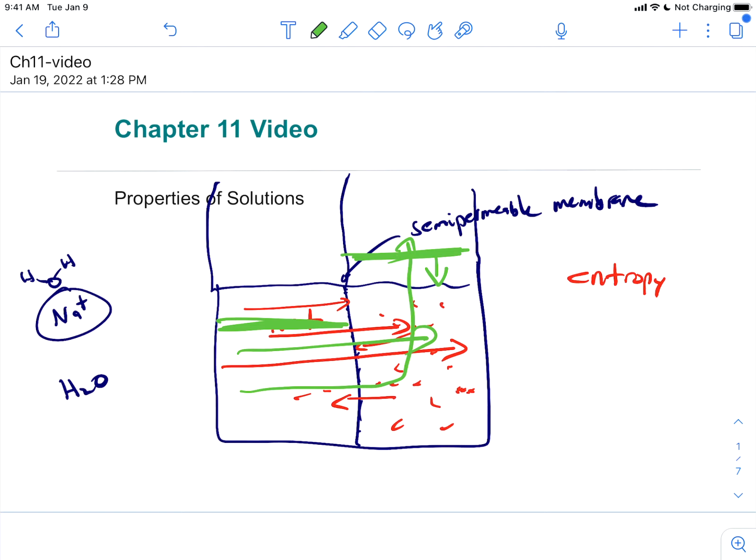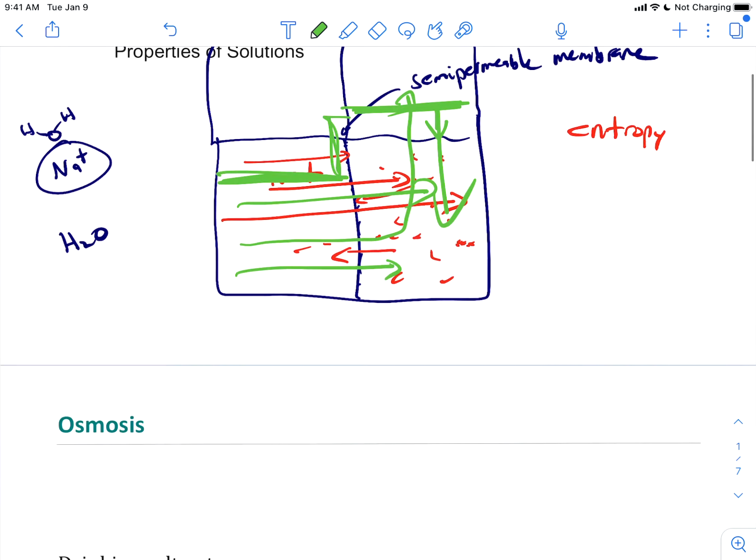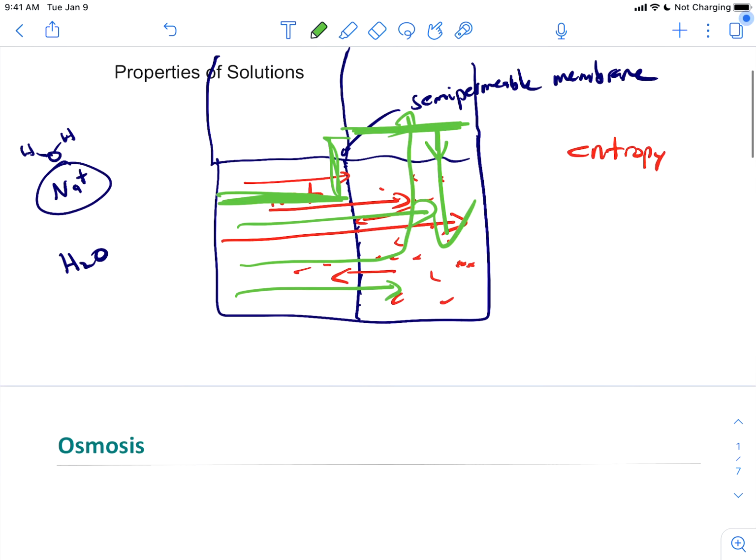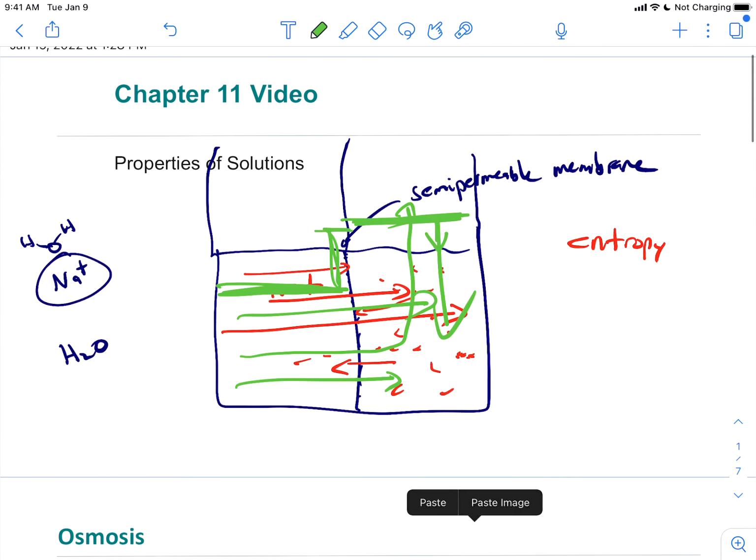The acceleration is the same, g, but the mass of the water on the right is now greater. So you reach a point at which the force driving water in this direction is balanced by the force of gravity pulling it down. That difference in height is your osmotic pressure.